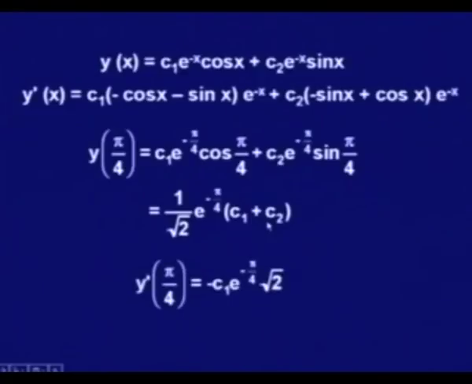Similarly, we can find y dash at pi by 4. Here we get minus cos x plus cos x something, and e to the power minus x is common. So, in the coefficients, we would be getting c1 e to the power minus pi by 4 times square root 2.